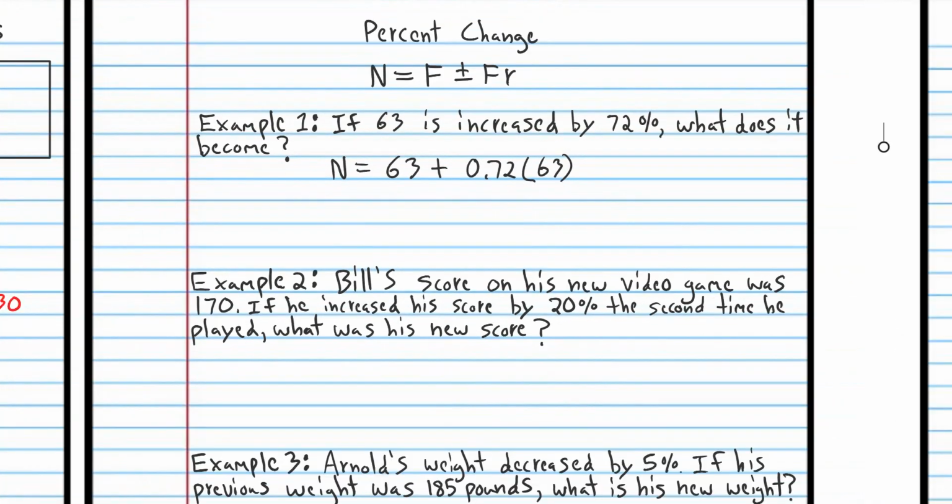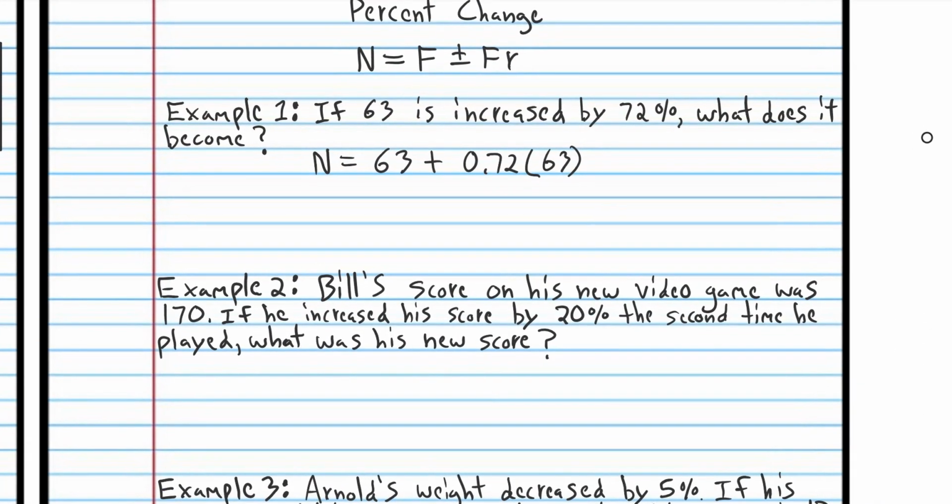No excuses. All right, so now we have to just simply perform order of operations. So you're allowed to get out your calculator. 0.72 times 63 is equal to 45.36.